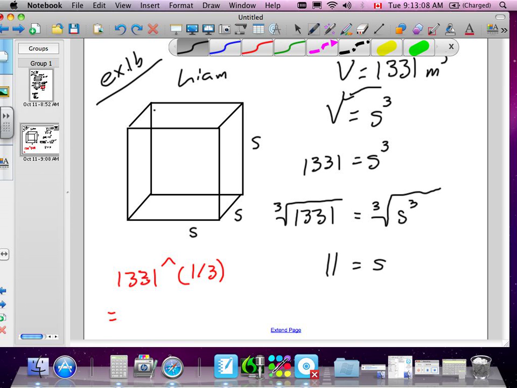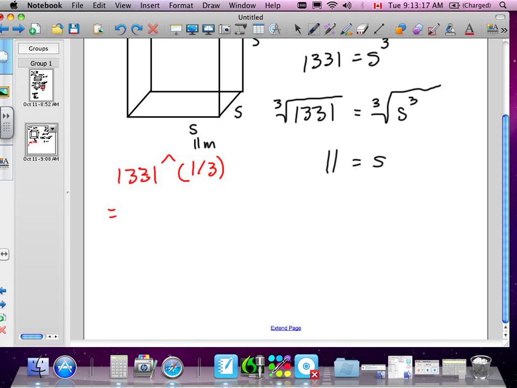One side is 11 meters. We need to find out the minimum surface area possible. From the question before, our surface area was equal to the 6 sides, and the area of each side was a side times a side, which is s squared. So that's the surface area of this cube.